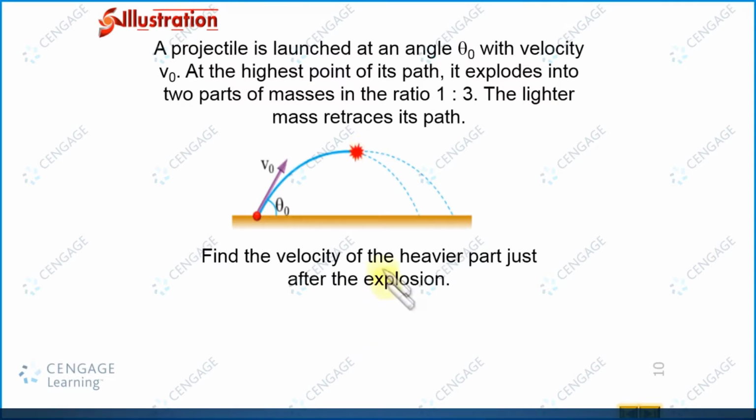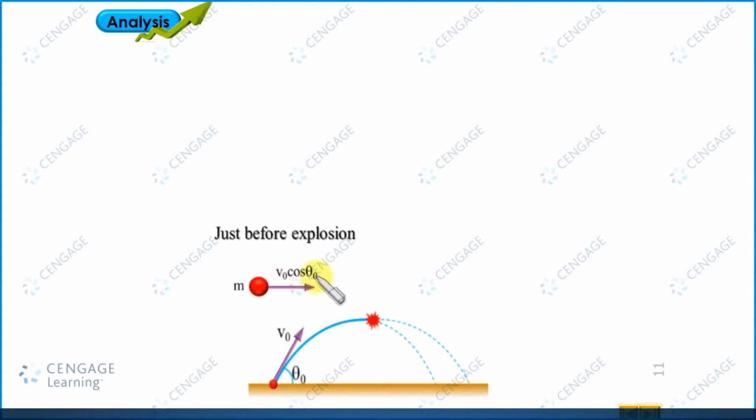Okay, so the lighter mass of mass m naught retraces its path. That means the velocity of this lighter part should be equal to velocity of the projectile at the highest position. We know the velocity at the highest position is v naught cos theta naught. That means velocity of the lighter part just after explosion should be equal to v naught cos theta naught, but in the leftward direction.